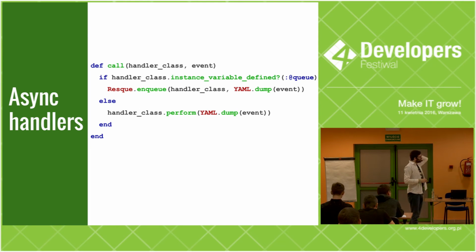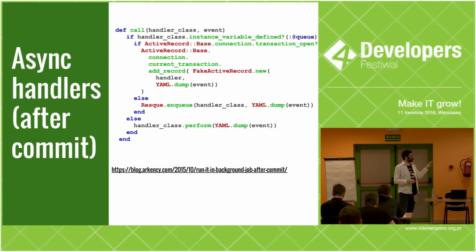And if the handler has the queue instance variable defined, which is how you create queues and background jobs in Rails, we detect that it is asynchronous, and we serialize the event with YAML, and we just enqueue a job on the Rails background queue. And if the handler is synchronous, we just immediately call it with the serialized event, because we want to trigger the handler immediately. So this is the simplified version, because actually it looks a bit more like that.